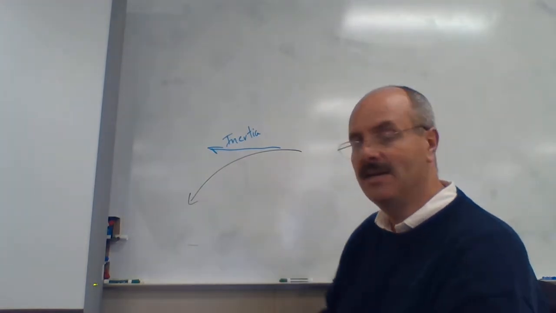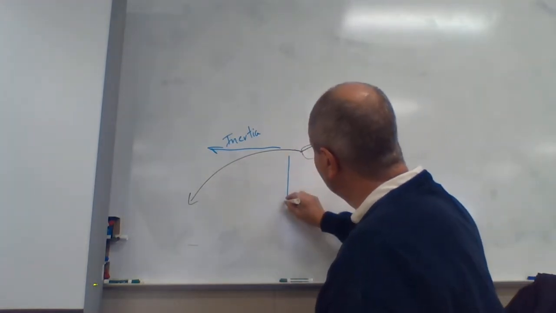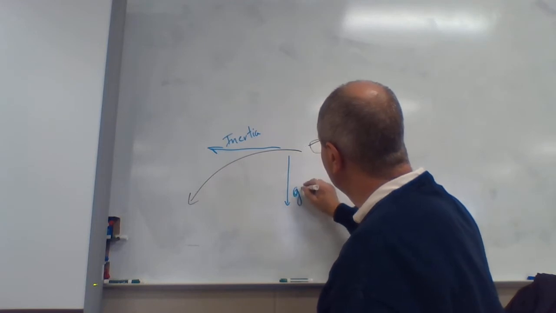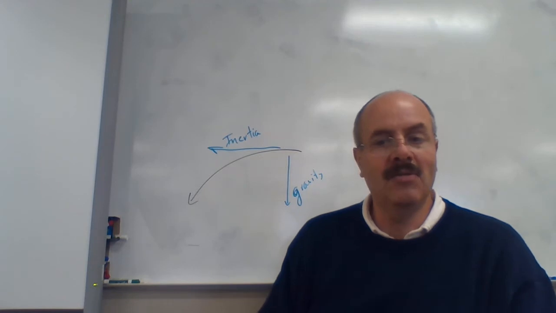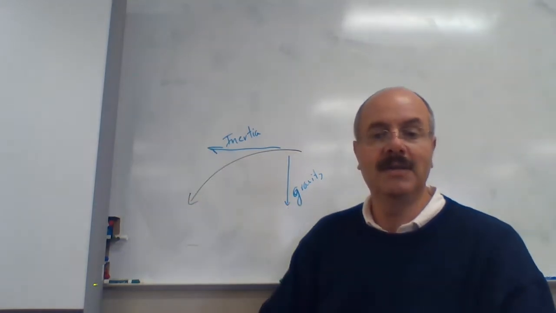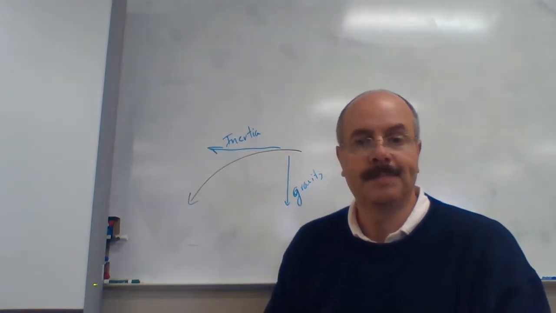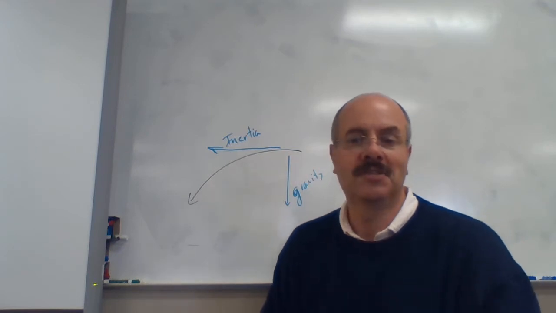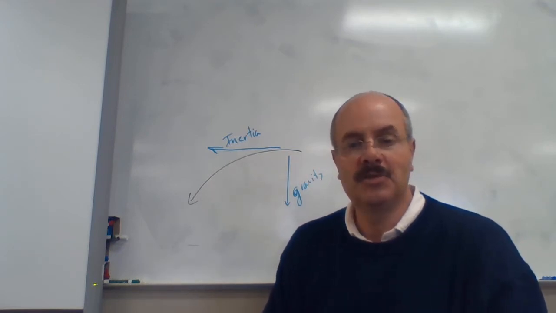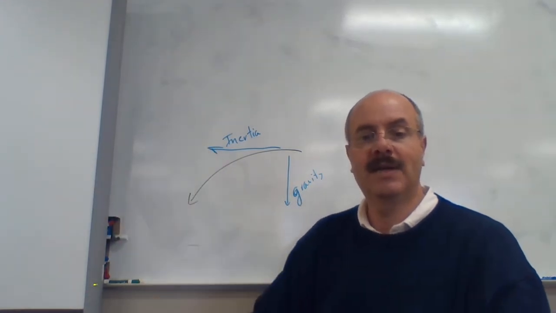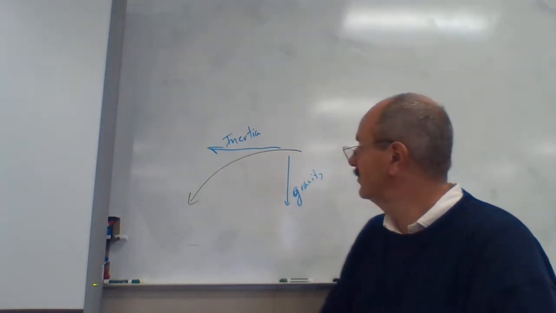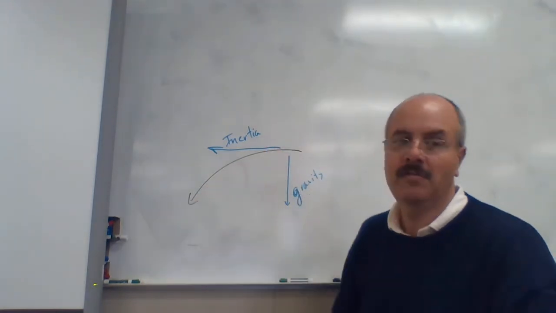But when we're standing here on the Earth, I've also got a force that's going this way, and that's gravity. Gravity is pulling down on that object. So if I take the pen and drop it, it's just going to fall because of gravity. So we really have two forces acting on this thrown projectile. I've got inertia going straight out. I've got gravity going down. And if I blend both of those, I end up with this curved path.